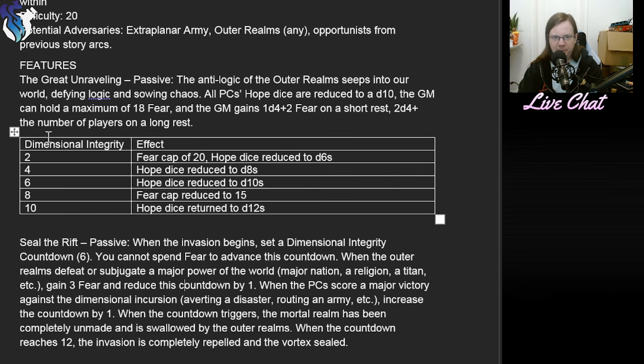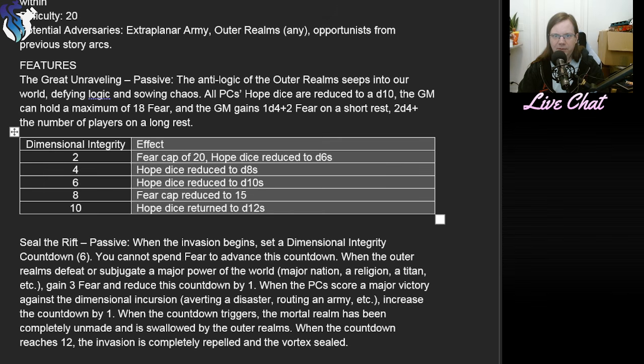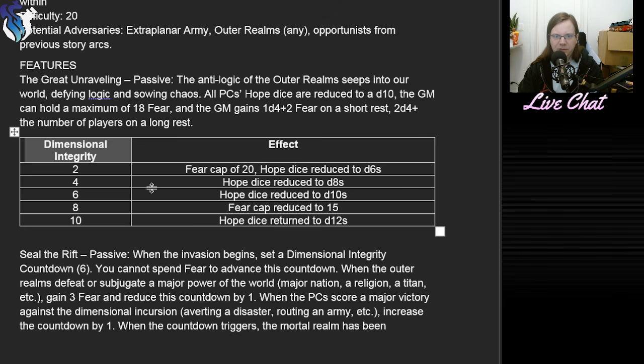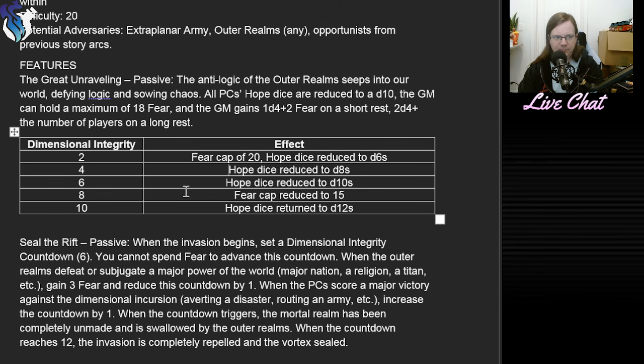I don't know that it's as useful to have that in this chart, right? This is the thing that the GM wants to glance at. The world ends is not as much of a useful thing to glance at, right? Dimensional integrity. Can we do that? Okay, great. And then we're going to bold these for ease of use.